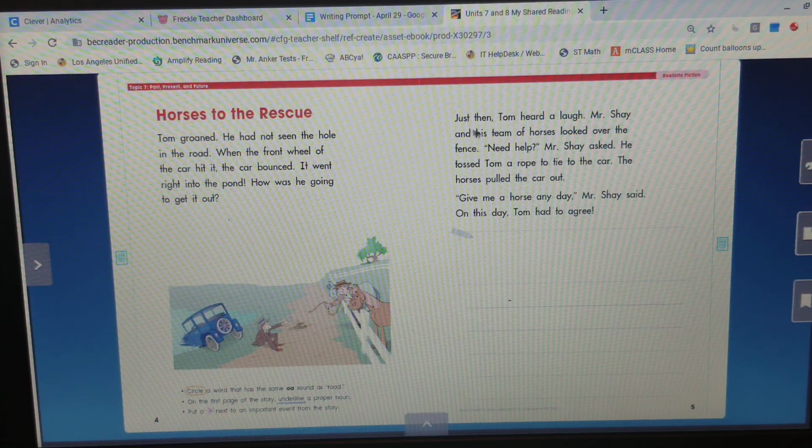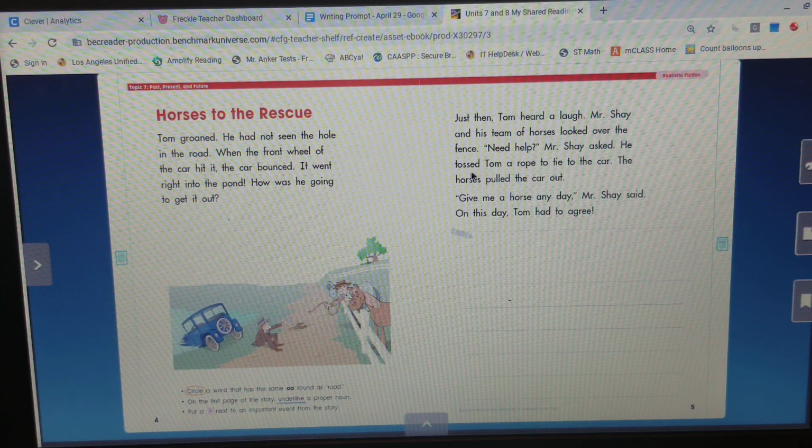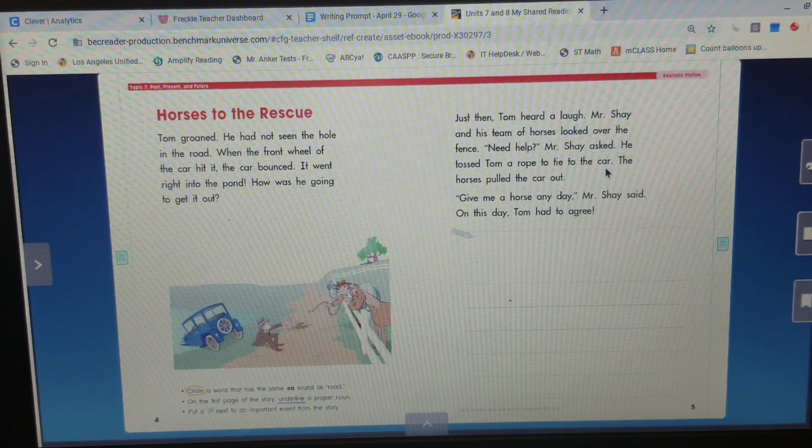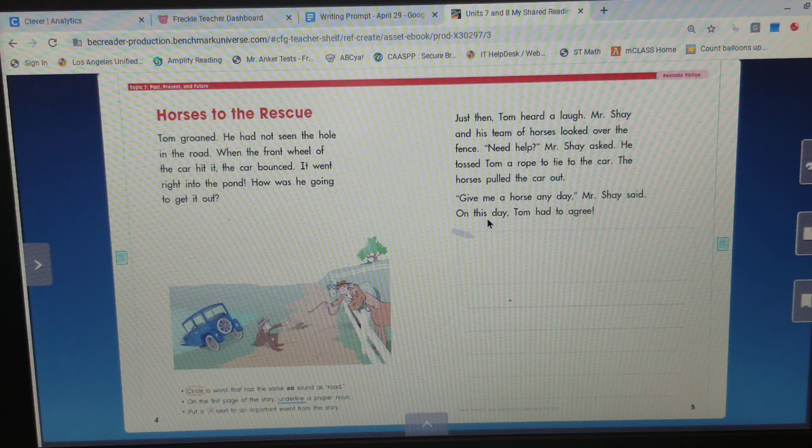Mr. Shea and his team of horses looked over the fence. Need help? Mr. Shea asked. He tossed Tom a rope to tie to the car. The horses pulled the car out. Give me a horse any day, Mr. Shea said. On this day, Tom had to agree.